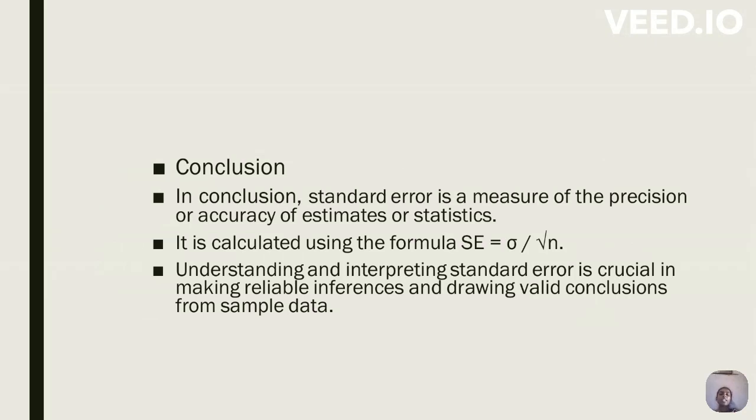Next, we will move to the conclusion. In this topic, we discussed standard error. The standard error is a measure of the precision or accuracy of estimates or statistics. It is calculated using the formula SE equals standard deviation divided by square root of n.